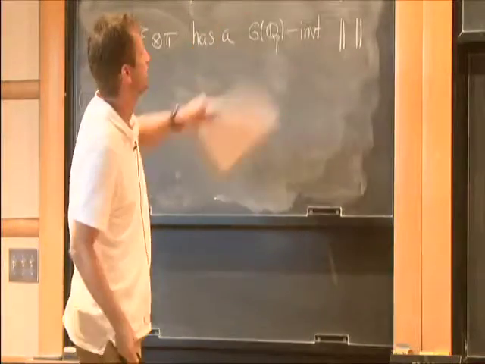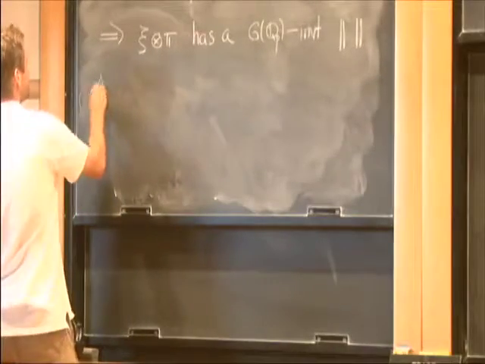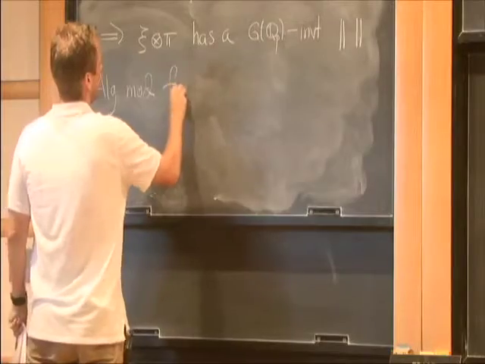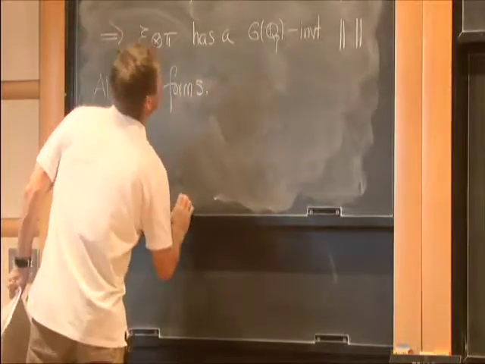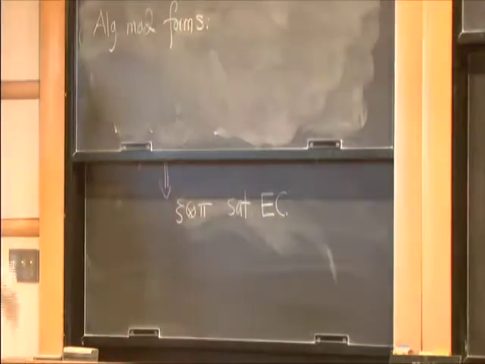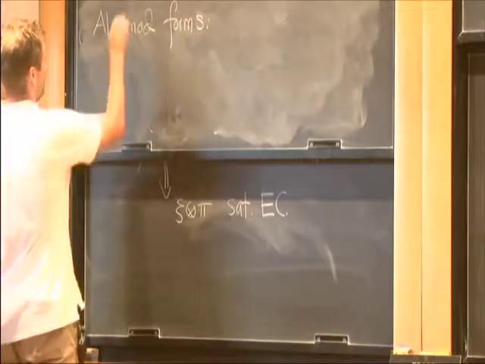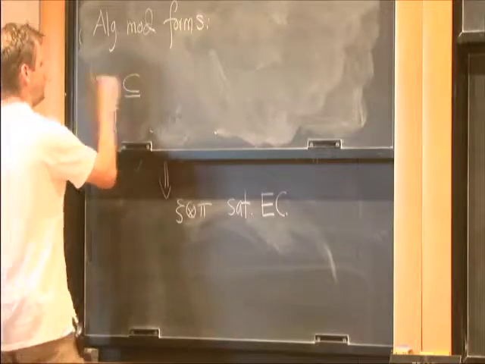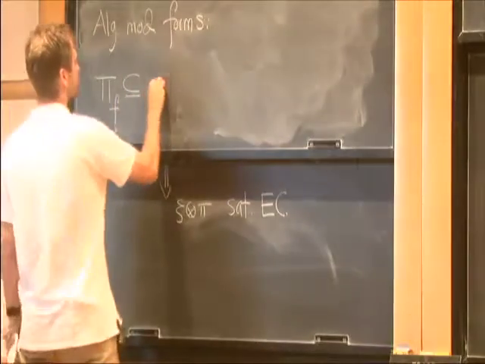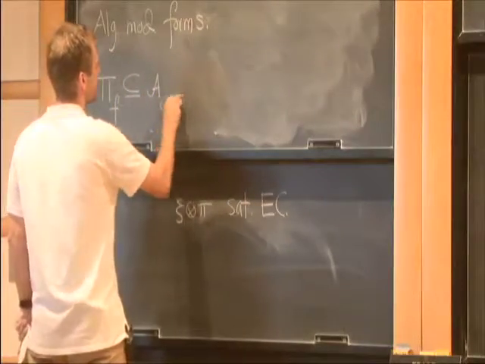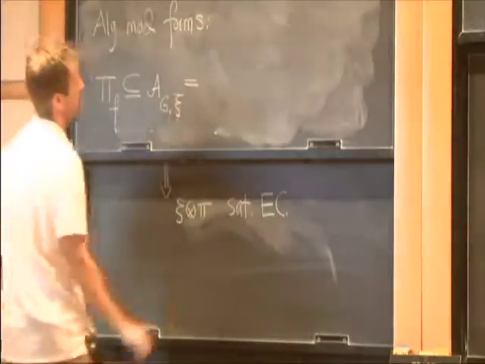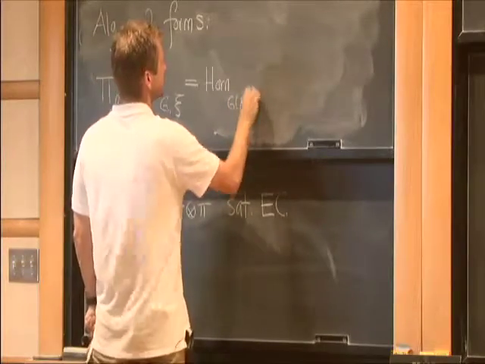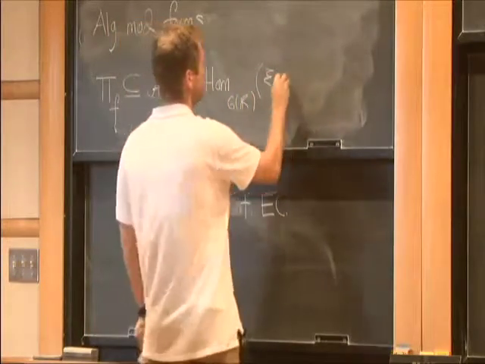And to produce that norm, you use algebraic modular forms. So you can think of pi f as sitting inside, I'm going to call it A G psi, which is by definition just the Hom from psi into the space of smooth automorphic forms.